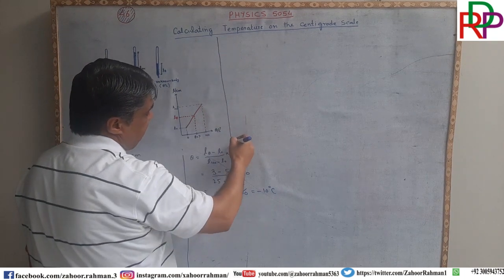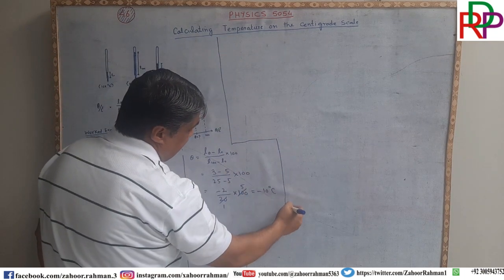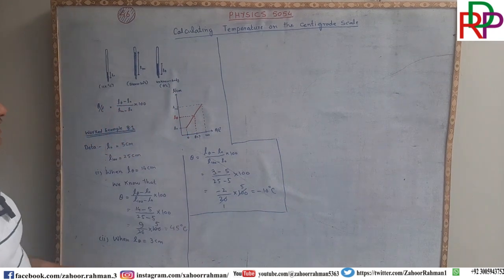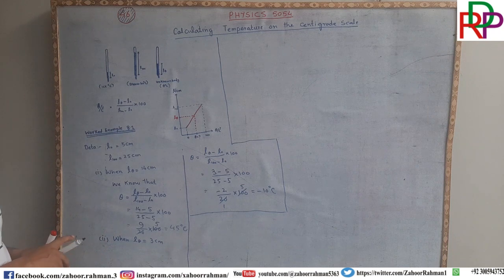Ladies and gentlemen, you saw that we can find the exact value of that degree centigrade without using the expansion of the volume, which was one physical property.